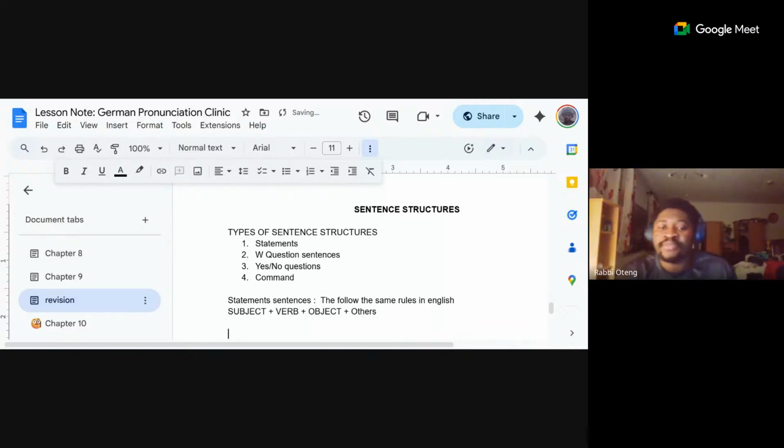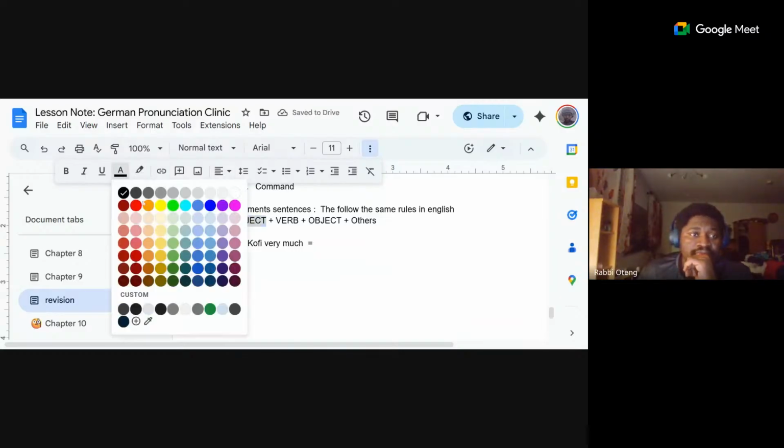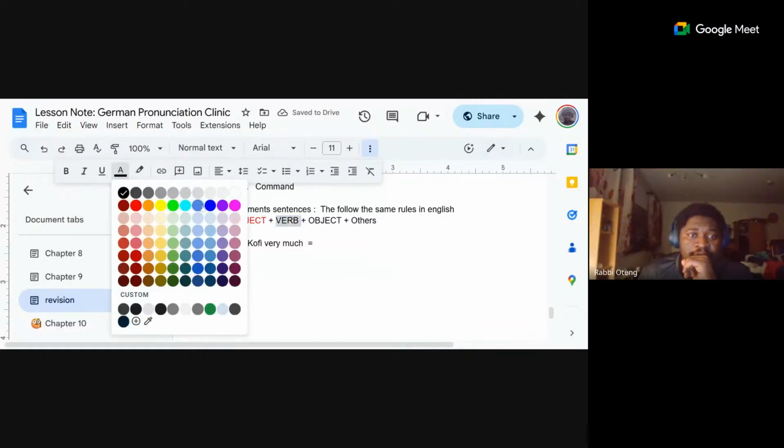An example of a statement sentence would be "I like Kofi very much." We have our subject, our verb in blue, the object in blue.